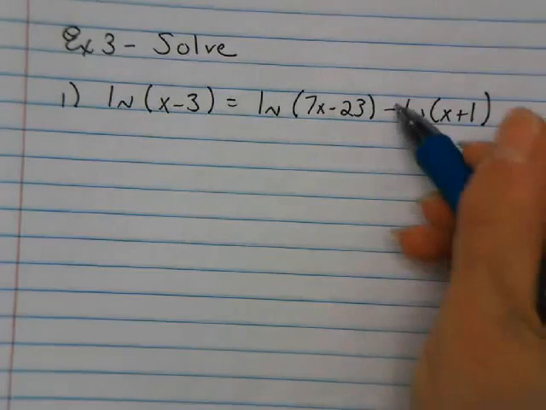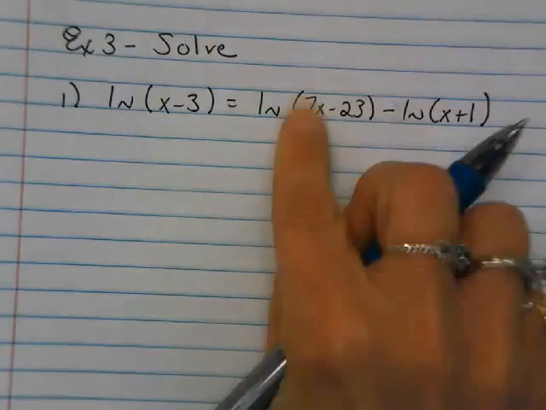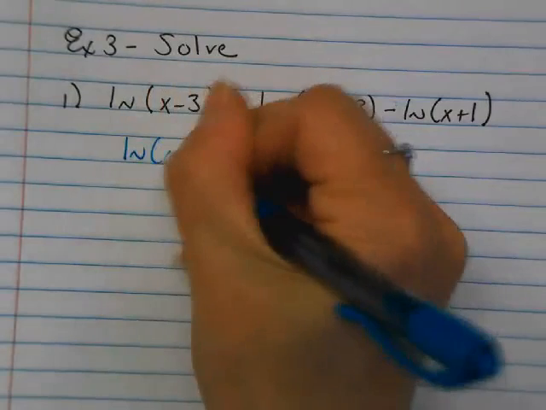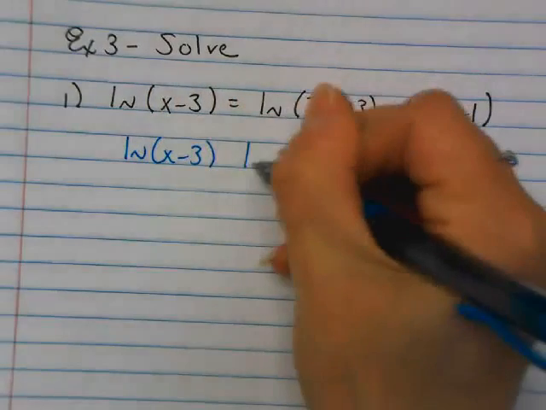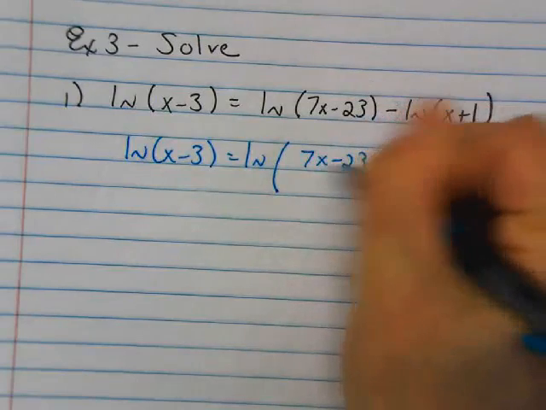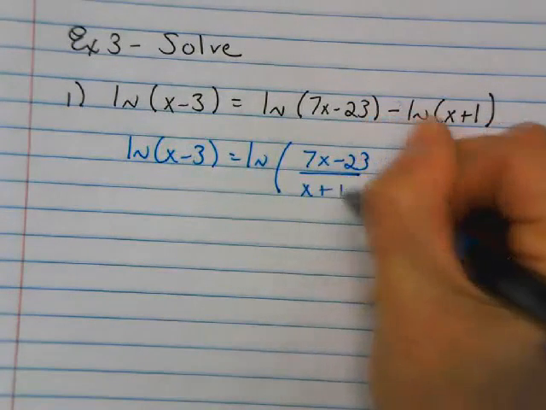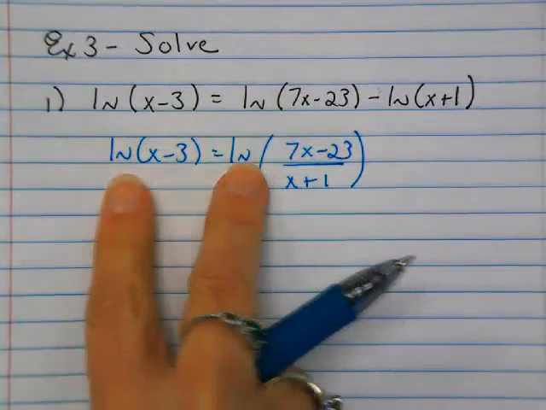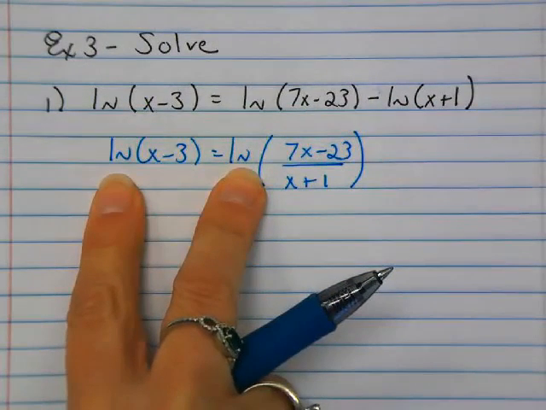So when I see minus, I know that that's really division. Now here's what's fancy. Since they are the same thing, they're both natural logs, we can just drop them, just like we did the natural bases, or even a regular base if they're the same.